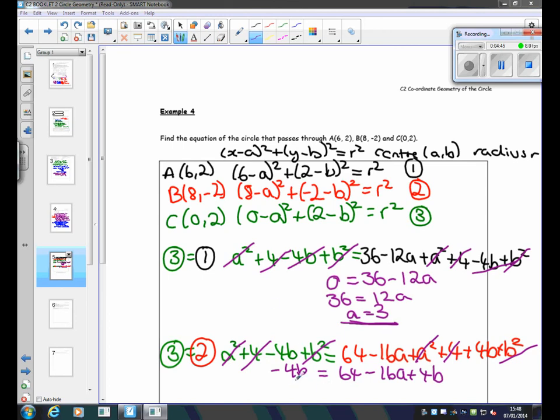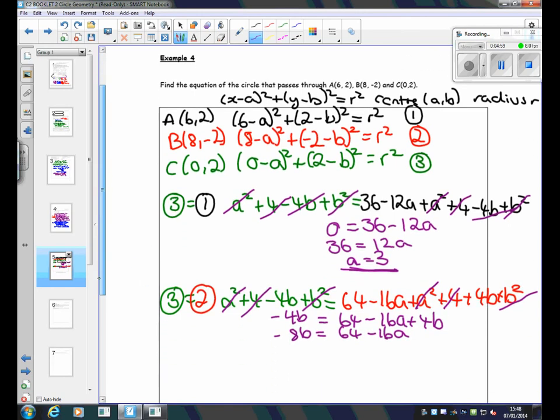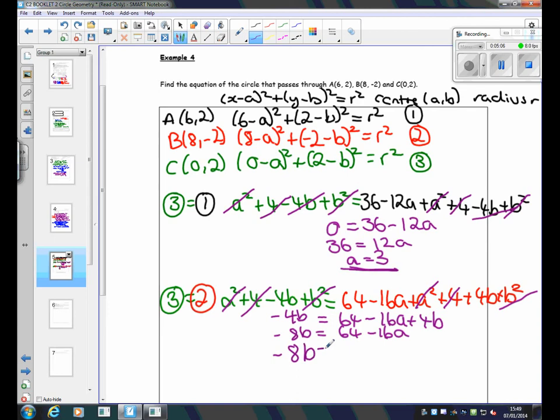So taking the number values and the a's over to one side and the b's over to the other, we'll end up with minus 8b is equal to 64 minus 16a. But from this first part here, we know that a equals 3. So substituting that in, we get minus 8b equals 64 minus 16 times 3, which we have got from here.